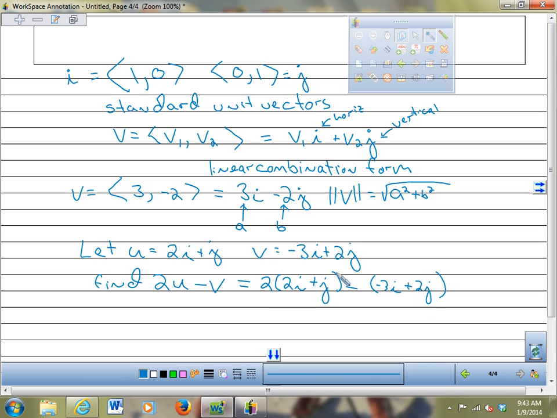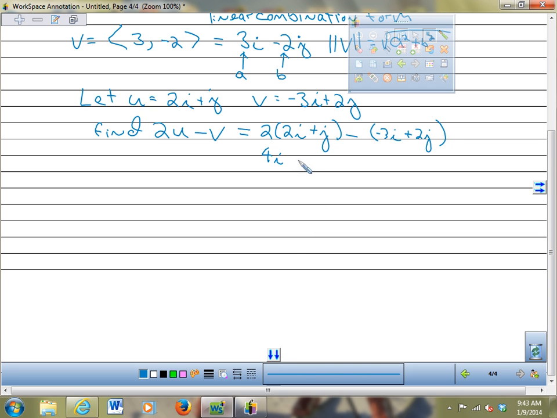Then you distribute this through, so you get 4i plus 2j, minus minus makes plus 3i minus 2j, which gives you 7i, since these things cancel out.